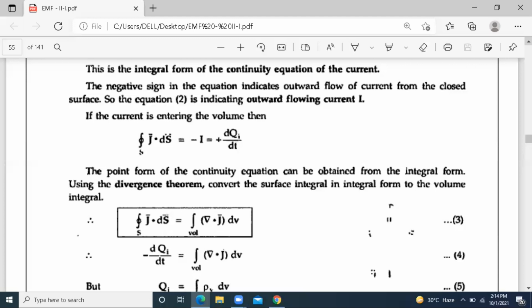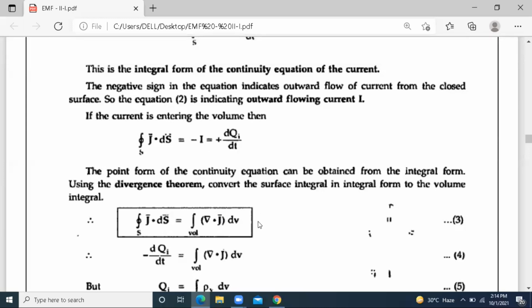So all we did was substitute this for I. And that is from the divergence theorem that we did last week or the week before. That's straight substitution.